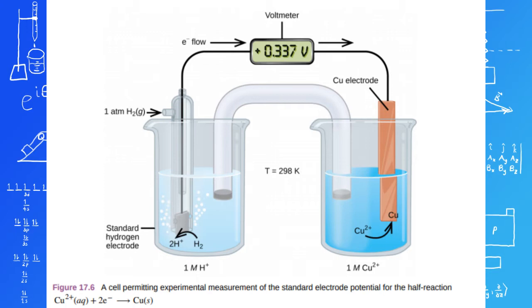That's how we define the standard reduction potential of copper to be positive 0.337 or positive 0.34 at 298 kelvins is what the diagram says.